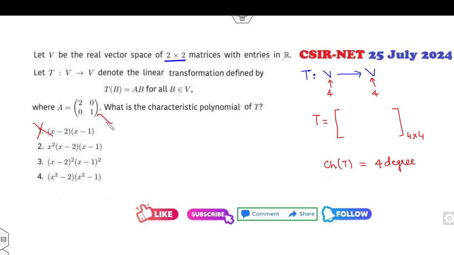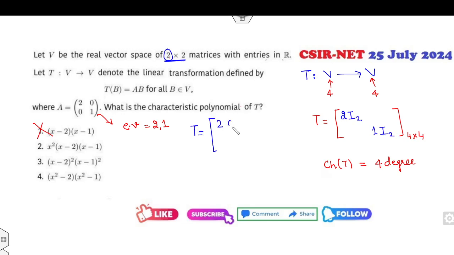Can you find the eigenvalues of this? Eigenvalues are 2 and 1. So can you find the characteristic equation directly? It will be 2 of identity and it is 1 of identity. And what is the size of this identity? It's a 2 cross 2 matrix. Fine. So now what is your capital T?